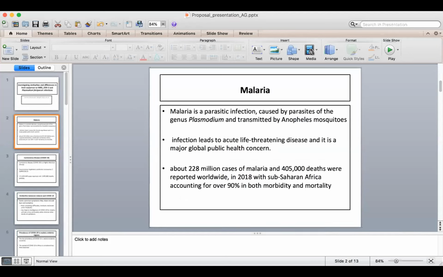In 2018, about 228 million cases of malaria were reported and 405,000 deaths. Most of these occurred in sub-Saharan Africa, with children under 5 forming the majority of both the morbidity and mortality.